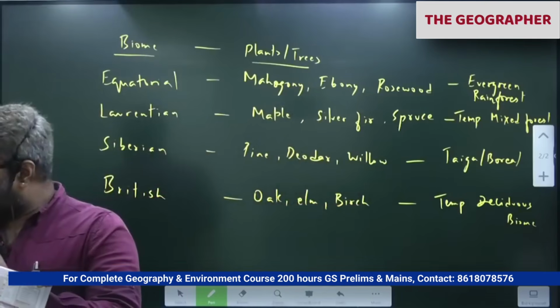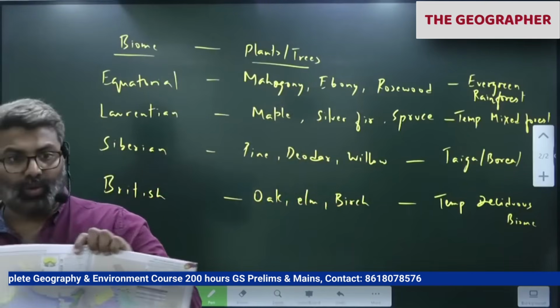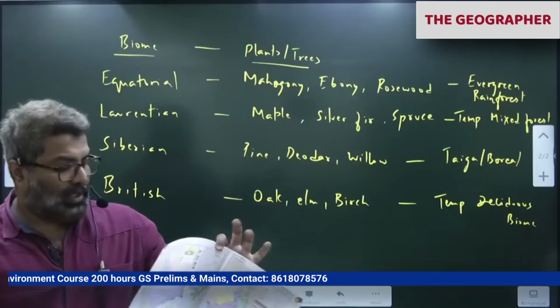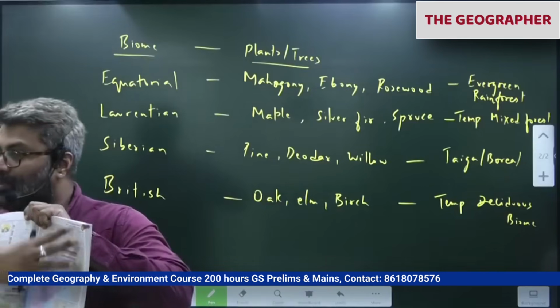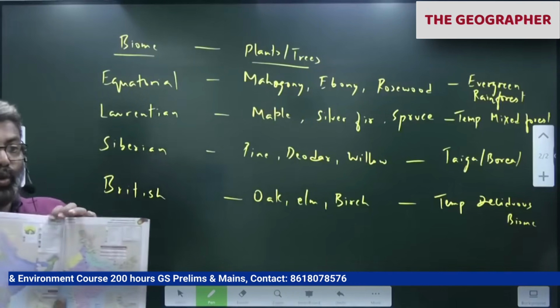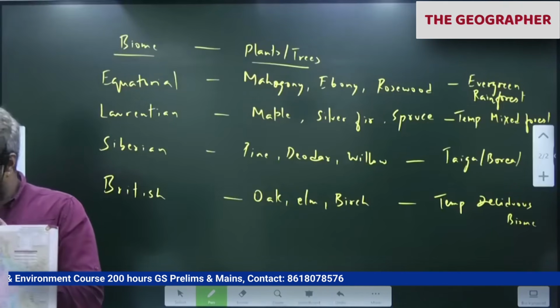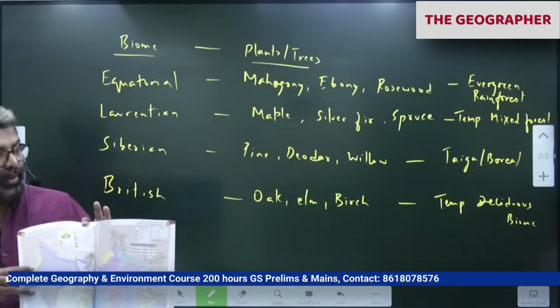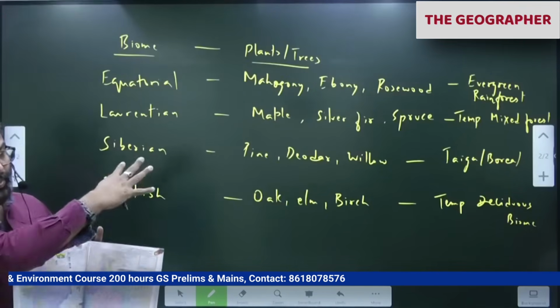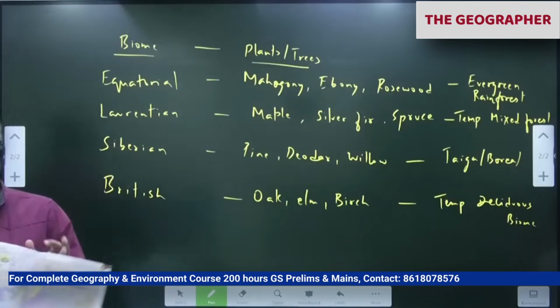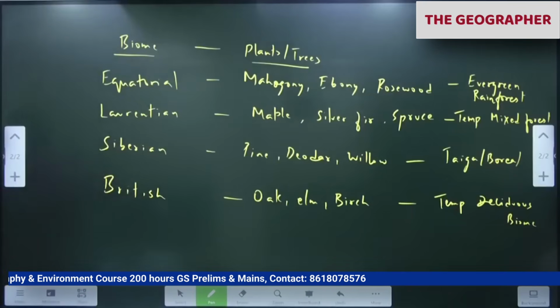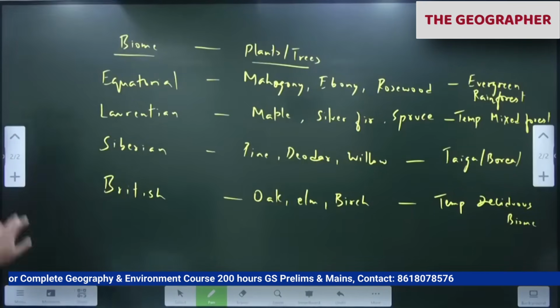If you don't have an atlas, take your friend's atlas and take a photo. Here, page number 34. See, one full map they have given. So when it comes to India, the biome we experience or the kind of climate we experience, we are going to discuss separately now. Whatever we have done now, I am applying it to India.